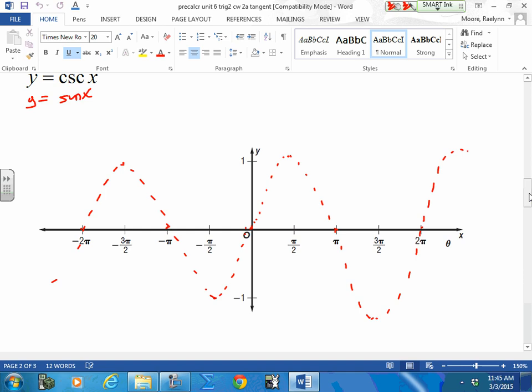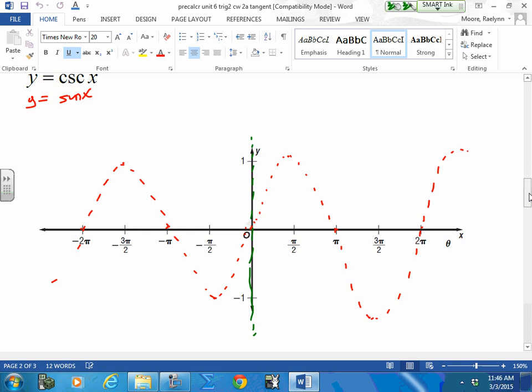Now watch what happens. At the 0, if I have to take the reciprocal of 0, 0 over 1, if I turn it upside down, reciprocal, 1 over 0. Can I divide 1 divided by 0? No. This guy's getting an asymptote. All your zeros on your x-axis, it's 0 over 1.